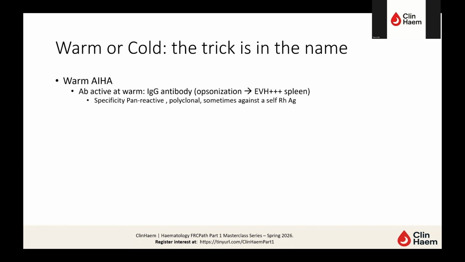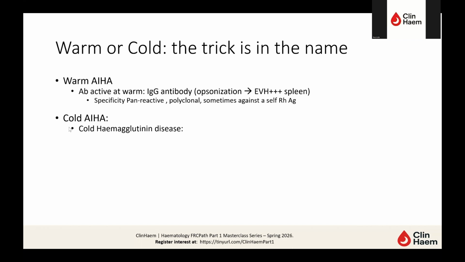But most commonly it's a pan-reactive autoantibody and polyclonal by nature. It's not coming from a monoclone. So warm AIHA is just another autoimmune disease like ITP or SLE or polymyalgia rheumatica or whatever. It's where the body is making lots of different autoantibodies against the red cell or your self antigens.